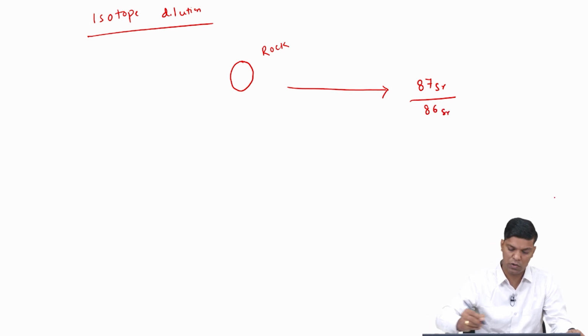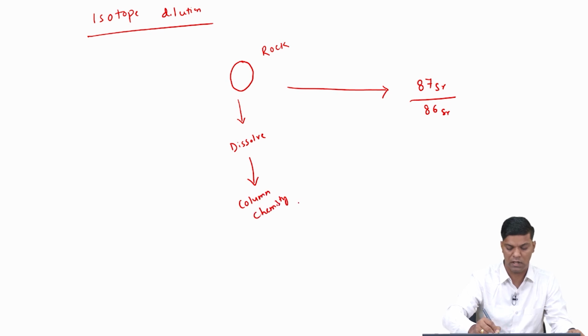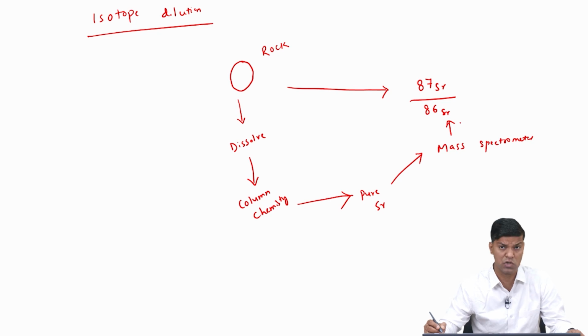So, what you will do, you will take the rock, dissolve it, then do column chemistry, then you will get the pure strontium that will go through the mass spectrometer, and ultimately you will get the required 87 strontium by 86 strontium.